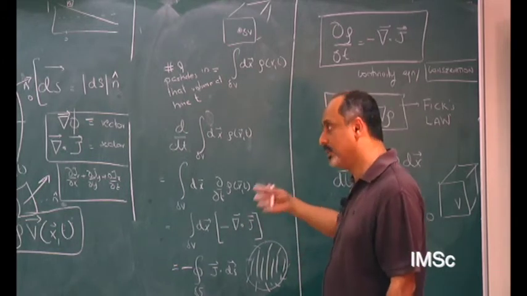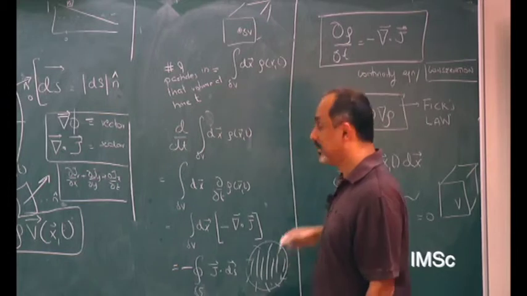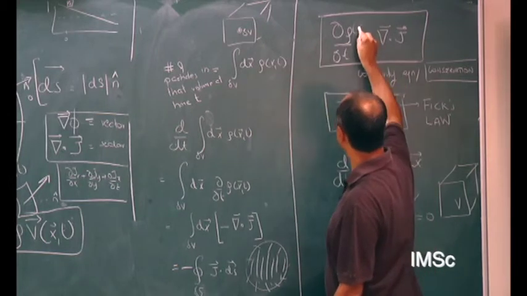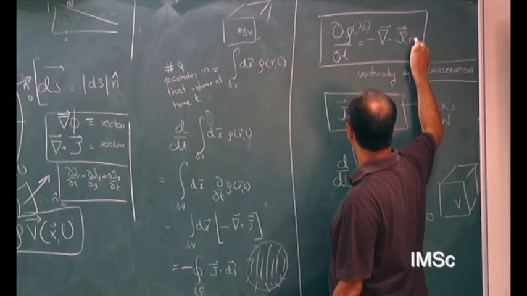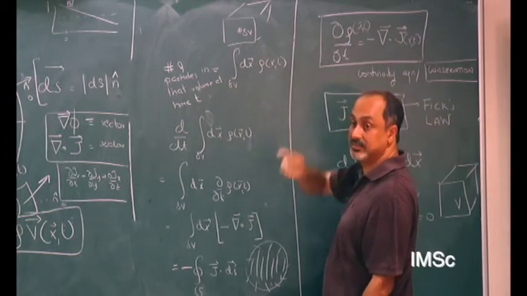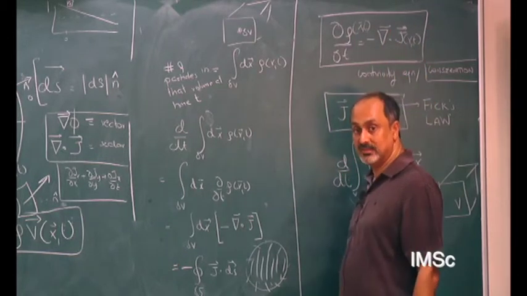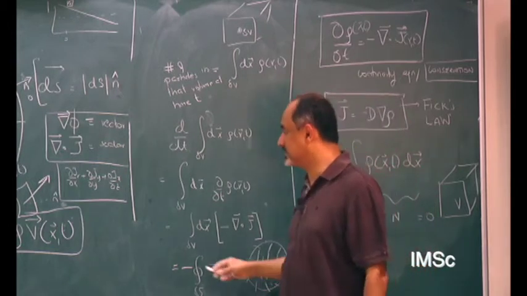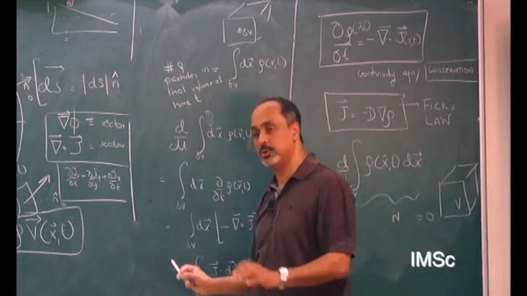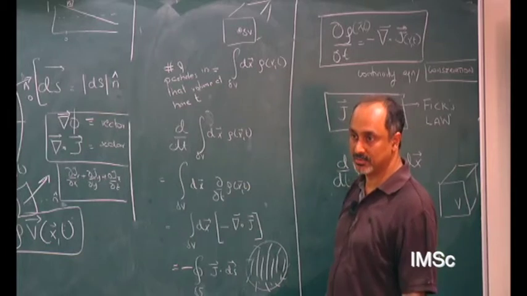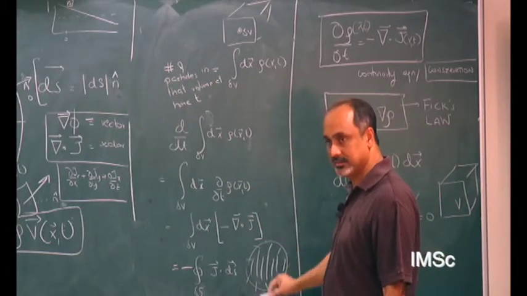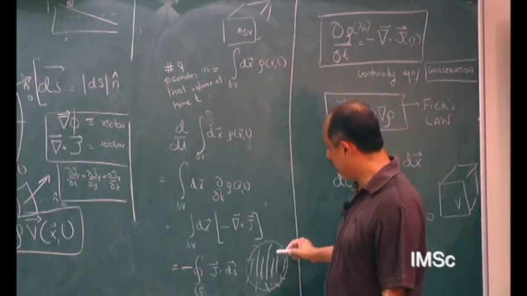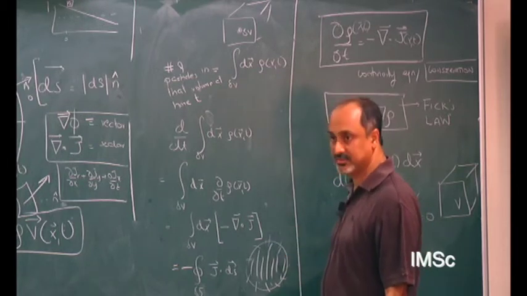I can go a little further with an equation like this, because these are equations that apply at a particular point x and t, on both the left and right hand side. They're local statements. What that means is I can also ask what the implications are for small volumes inside. They don't have to occupy the whole box. So something inside this small test volume can only leave through the surface.